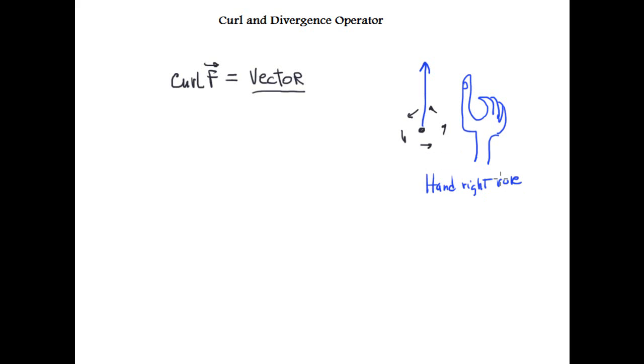If it is positive, the rotation is counterclockwise. If it is negative, clockwise. No vector, the null vector, is different from 0. The null vector is 0, 0, 0. We have no direction, no rotation.